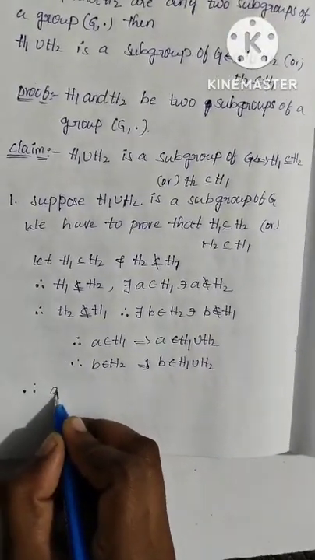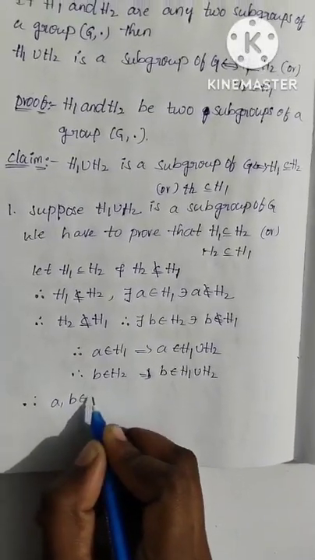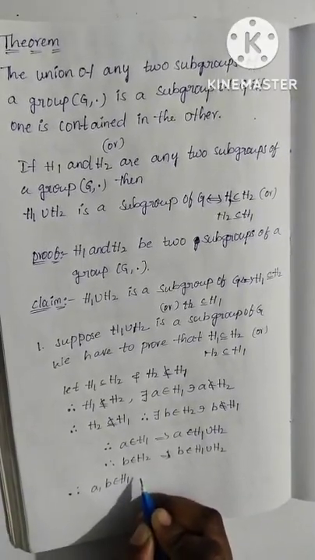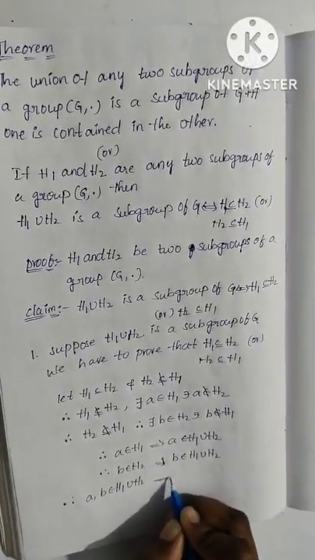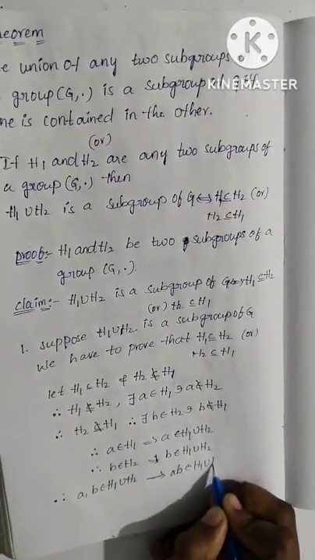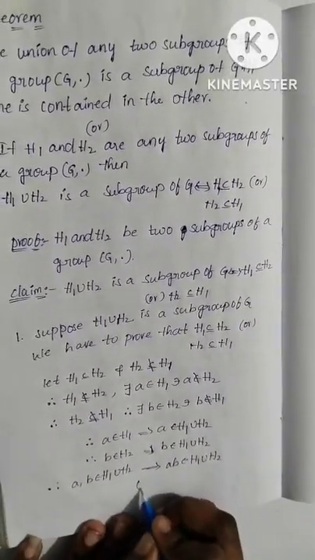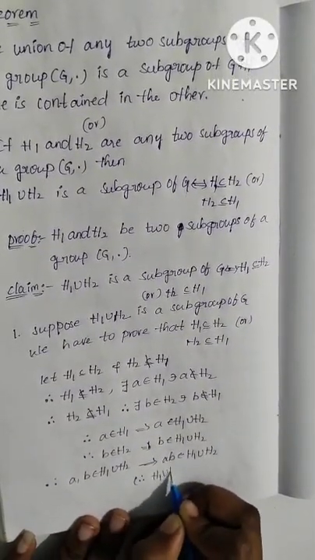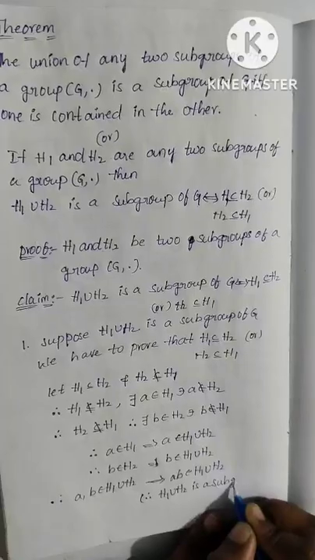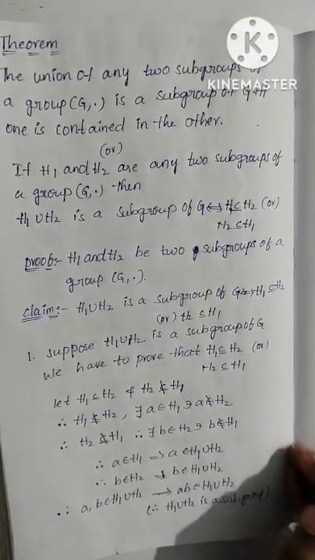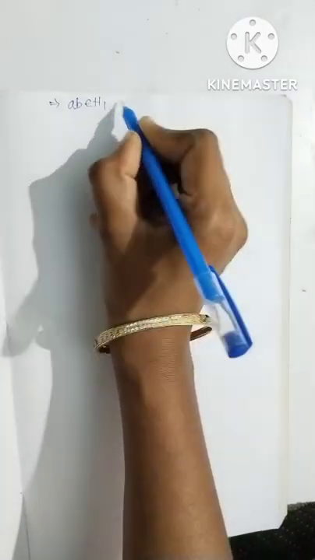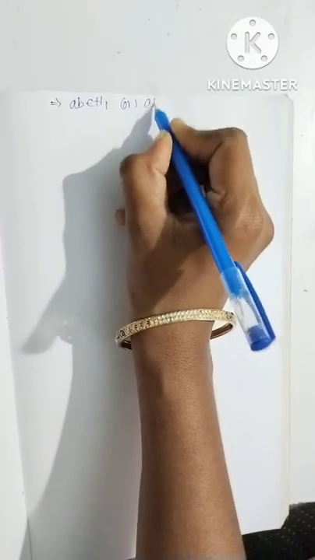Therefore, for A, B in H1 union H2, AB belongs to H1 union H2, since H1 union H2 is a subgroup. So AB belongs to H1 or AB belongs to H2.